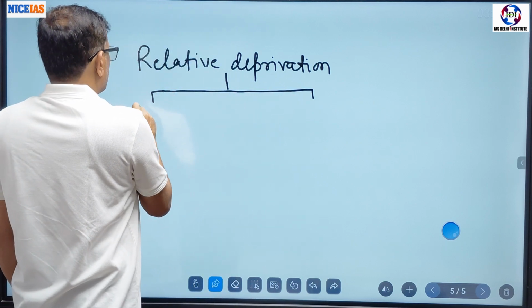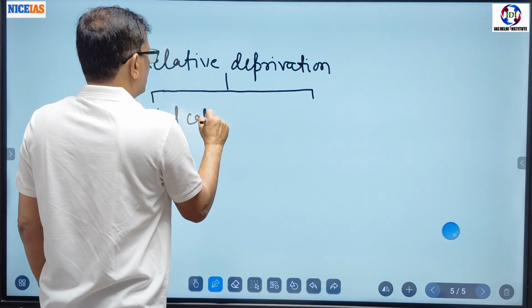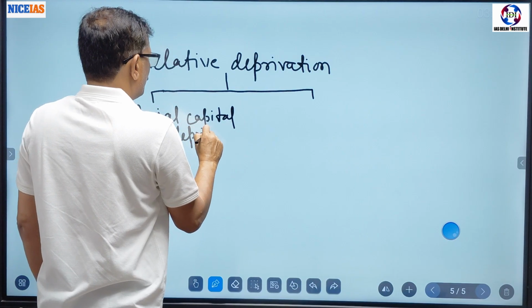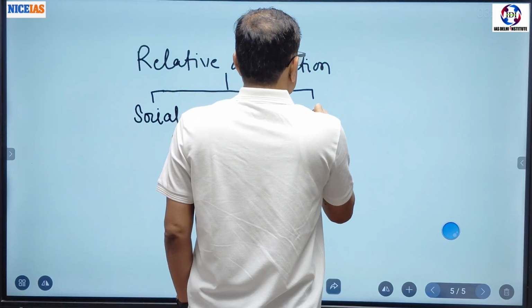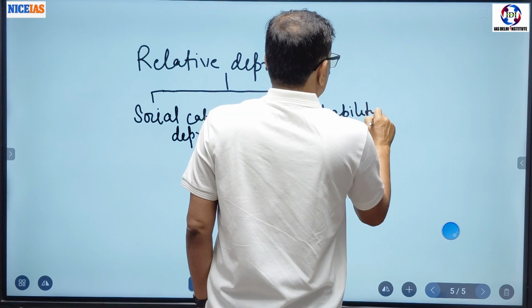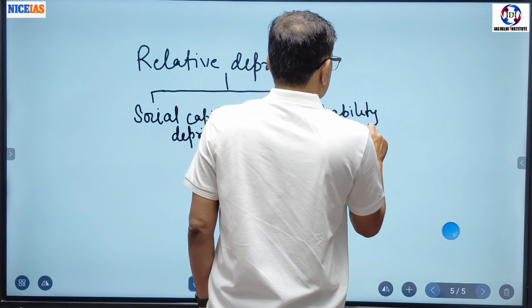One is the social capital deprivation approach, and the second is called capability deprivation.